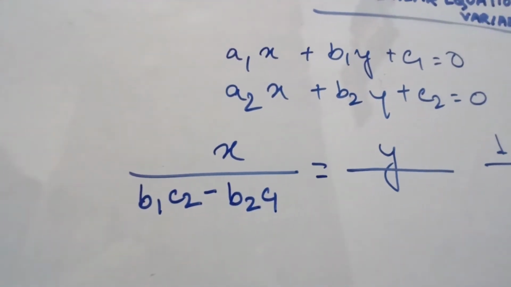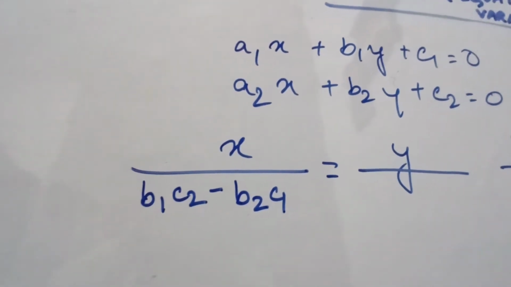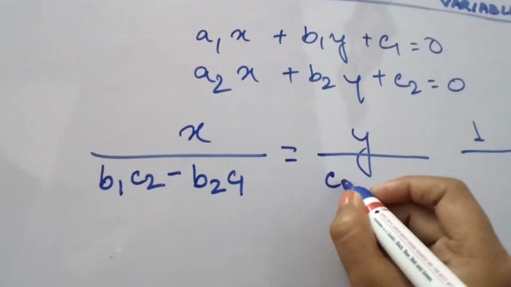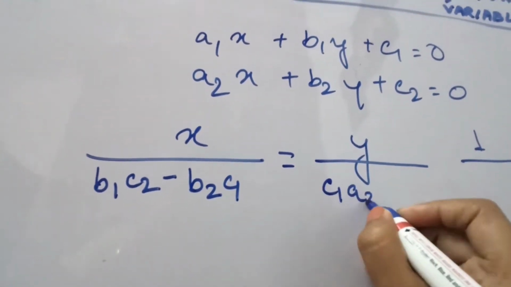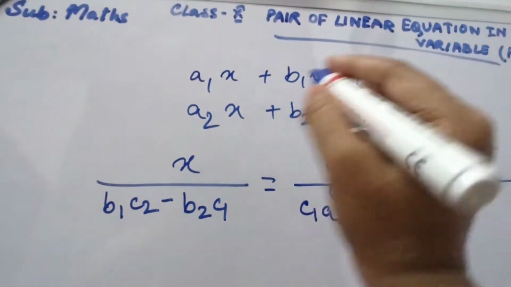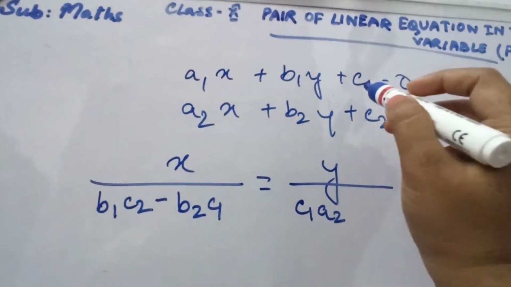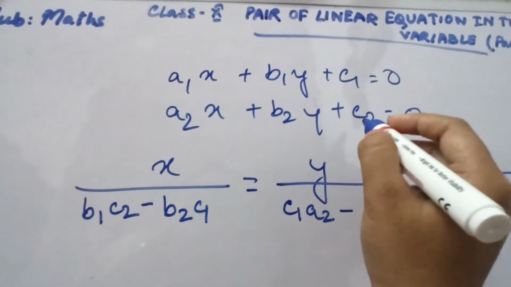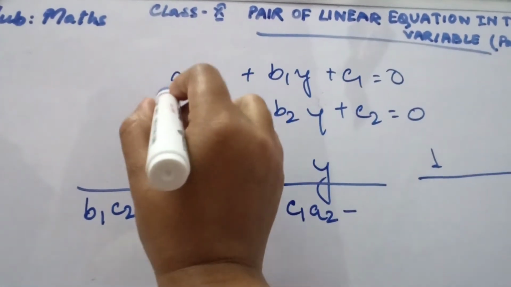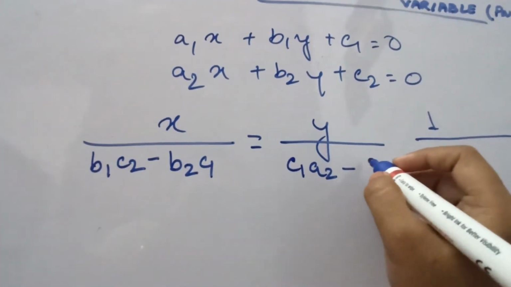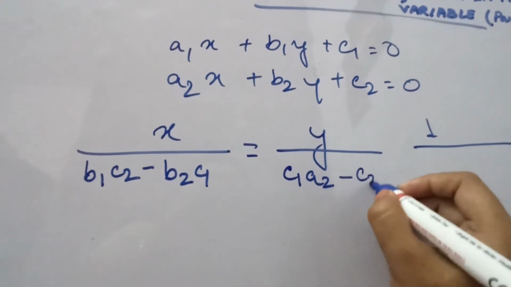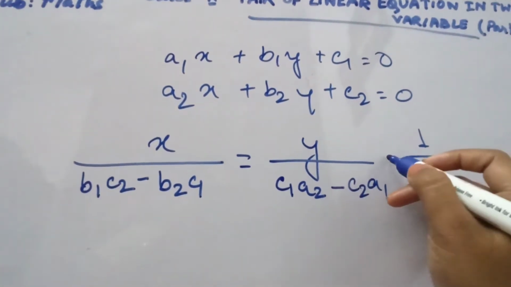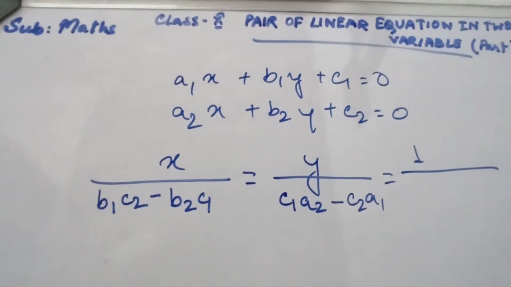So it will be c1 into a2, minus a1 into c2 or c2 into a1. Okay. And we'll put one equal to sign.